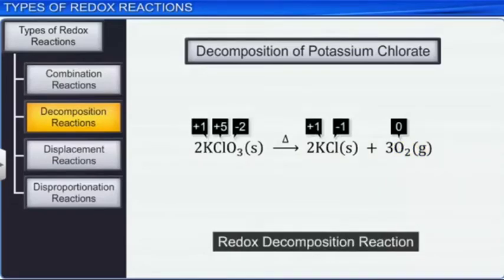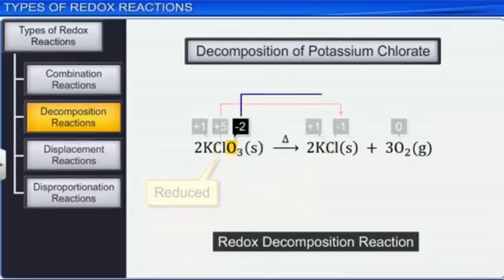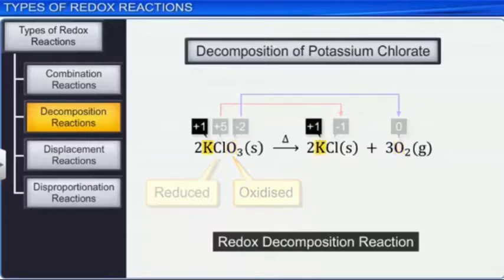The oxidation number of chlorine decreases from +5 to -1 as it gets reduced, while oxidation number of oxygen increases from -2 to 0 as it gets oxidized. Note that there is no change in the oxidation state of potassium.